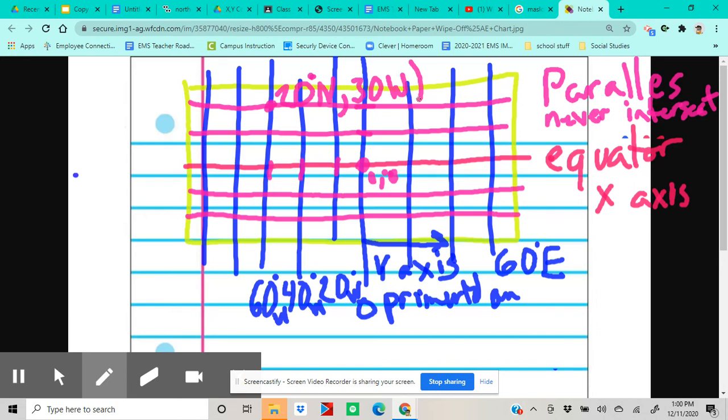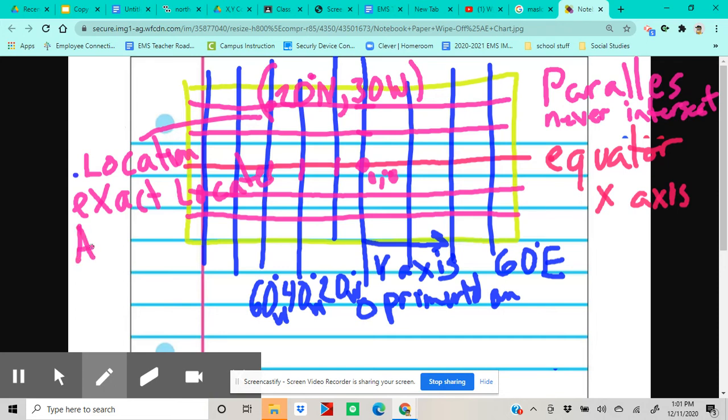That would give us this point or coordinate, but in geography, we don't call it coordinates, we call it location. And when we use coordinates, this is an exact location or absolute location.